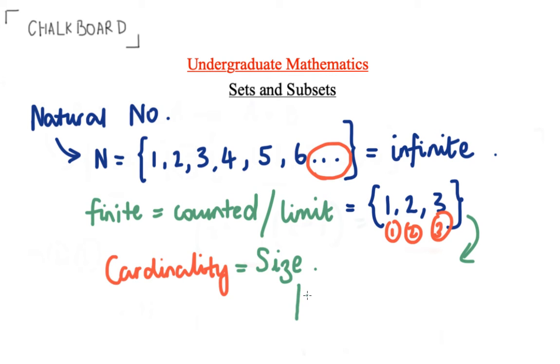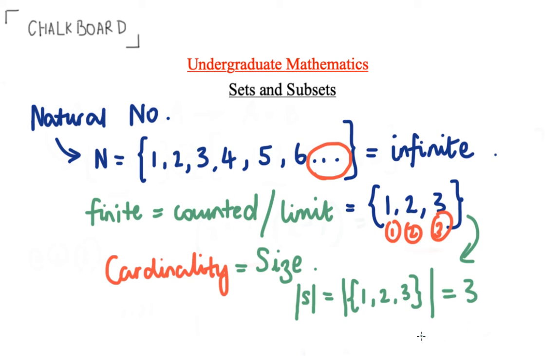One way to look at the size or the cardinality of said set would be written as, so you put 1, 2, and 3. And the size is equal to what?